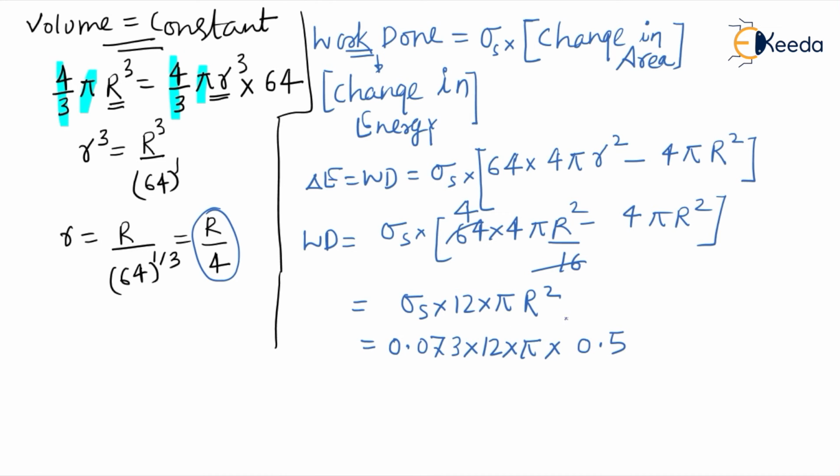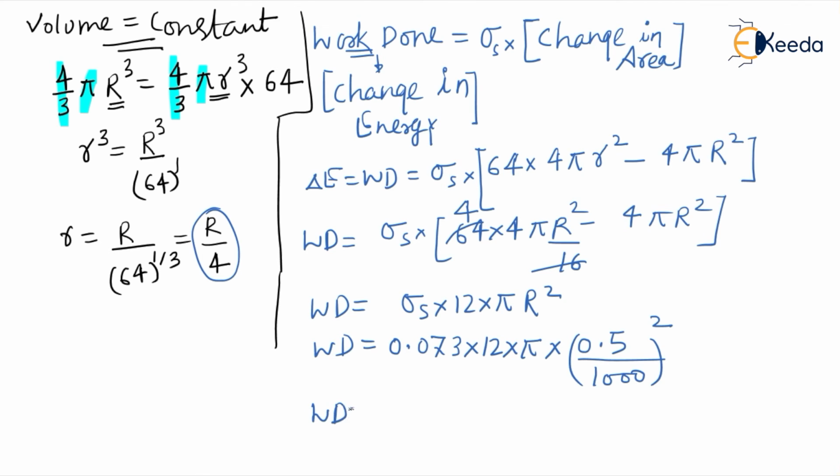We want it in Newton meter, so we need to put this value in meters: 0.5 upon 1000, and the whole square of it. So this is the work done.